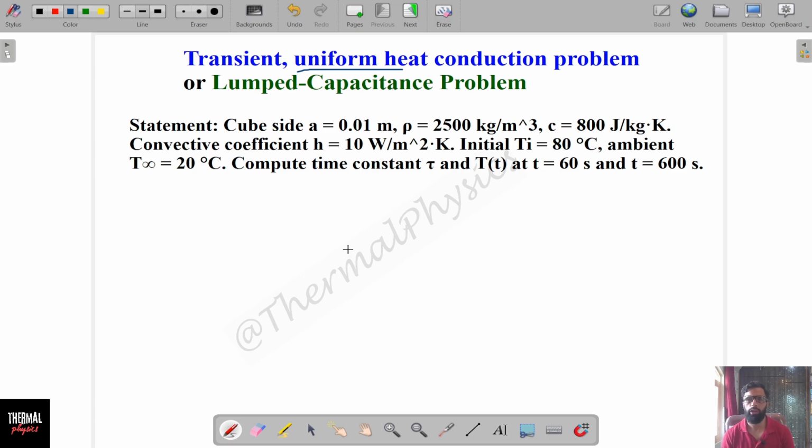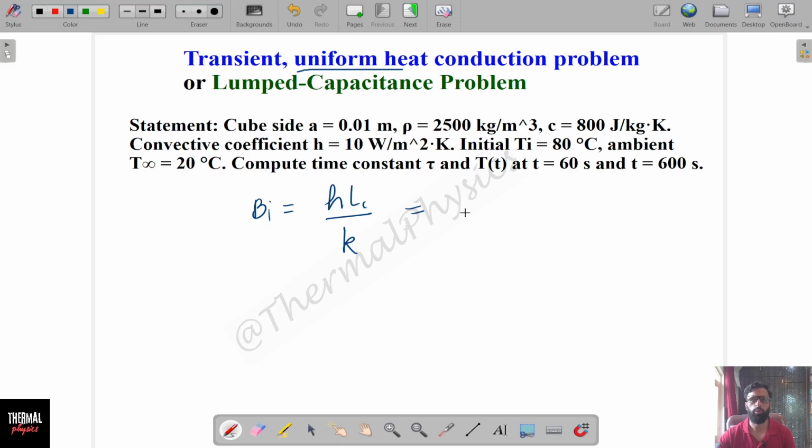Here's a question: when do we know a problem can assume a lumped capacitance model, and when is the lumped capacitance model not valid? For that, from the theory we know we have to find the Biot number, and the Biot number is defined as h L characteristic divided by k. To check whether the lumped capacitance model is valid or not, we have to find the Biot number.